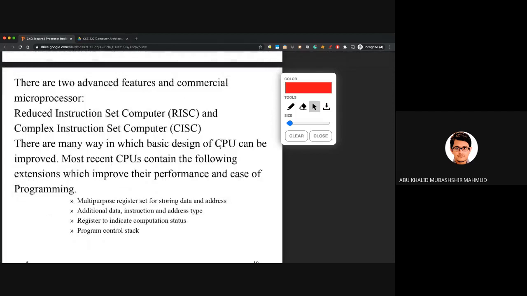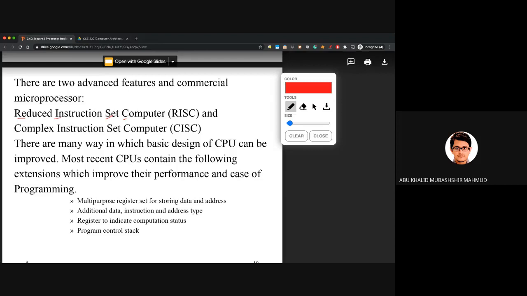And now, as I have told you before, we have come to the point where we understand what is RISC and what is CISC. RISC is the full form of reduced instruction set computer. The abbreviated alphabets are marked in the slide.